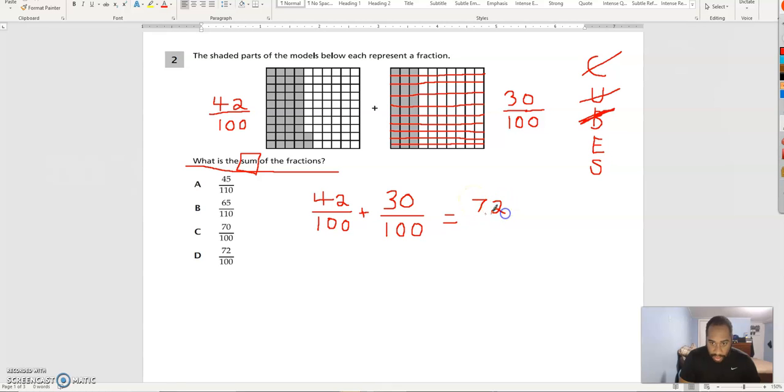Excellent job, Caesar. Over 100. You keep the same denominator. So our answer would be D, 72 over 100. So that's the fraction, 72 over 100.